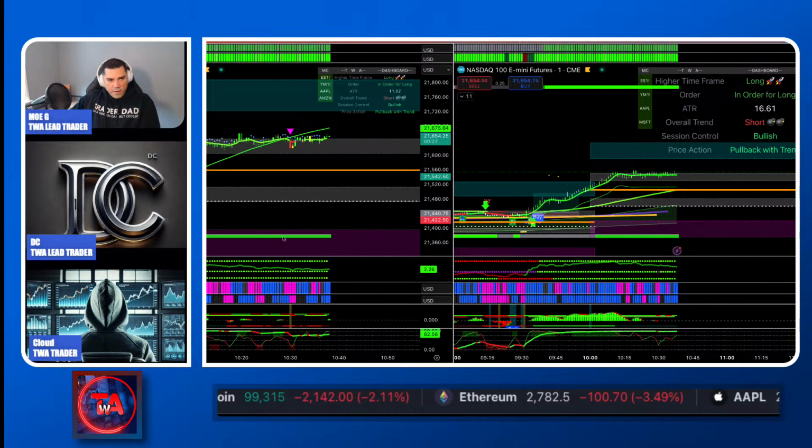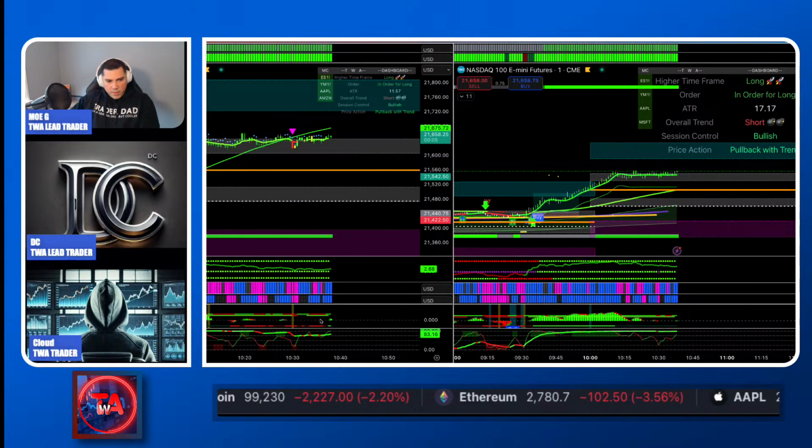Then you have my other favorite, which is the surge. You can see where the weakness was. You can see this red surge build up here. Then you had green, and then border. At this border here is where I moved my stop to break even.